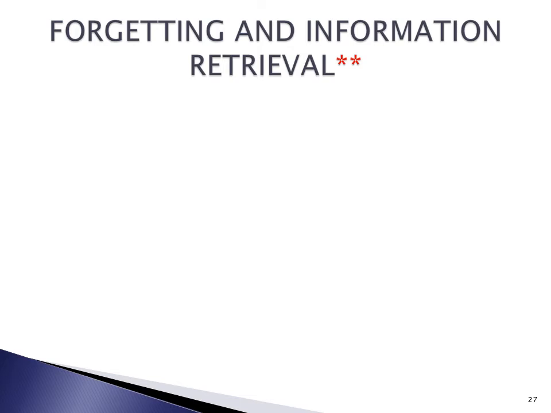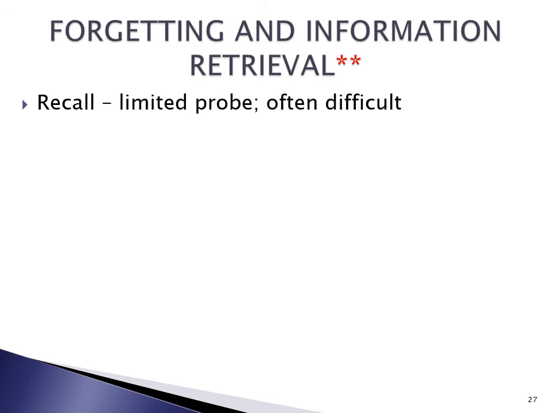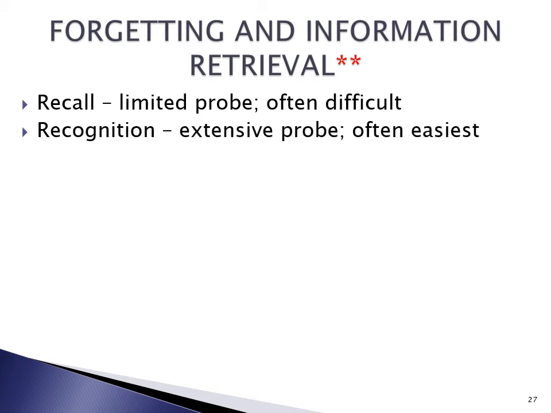All right, we're going to talk about retrieval of information. So recall is a limited probe to retrieve other information, and it's often pretty difficult. Recognition is an extensive probe, and it is often the easiest.